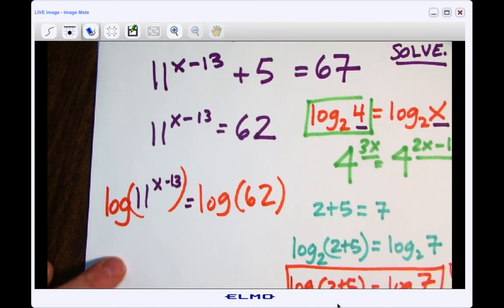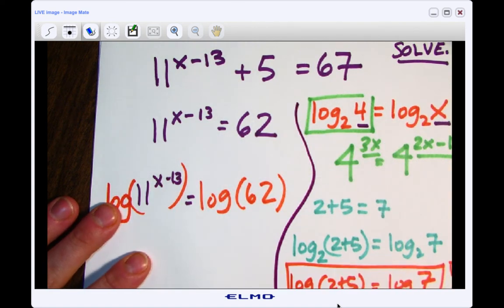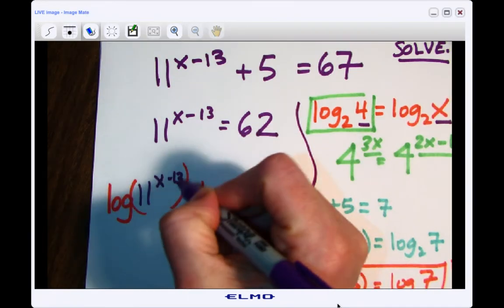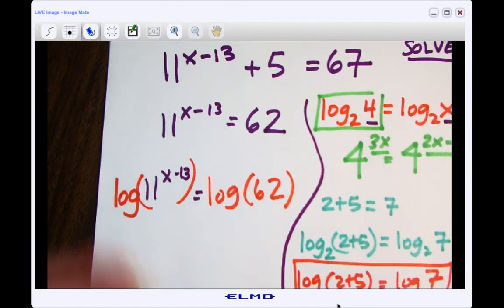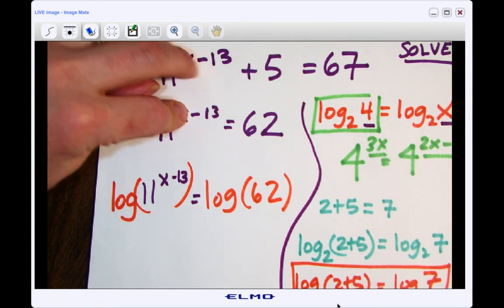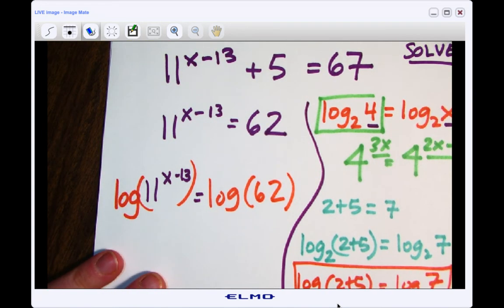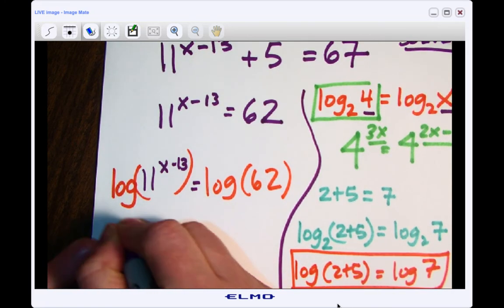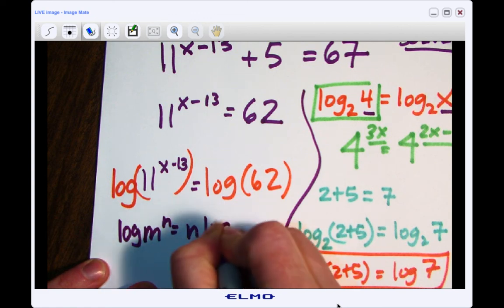Okay? Now, why in the world would I want to stick a log in here and make this seem more complicated? Well, the reason is because I have all my log rules that are going to help me get this variable out of the exponent, because that's the problem. That's why I can't solve this right now, because the variable is in the exponent, right? But we do know something about logs. We know that log m to the n is equal to n log m, right?